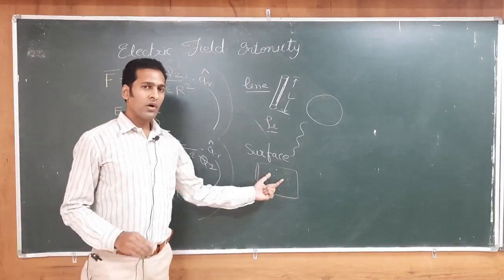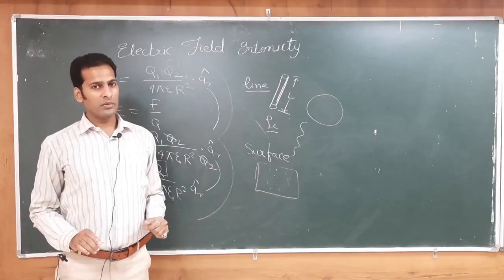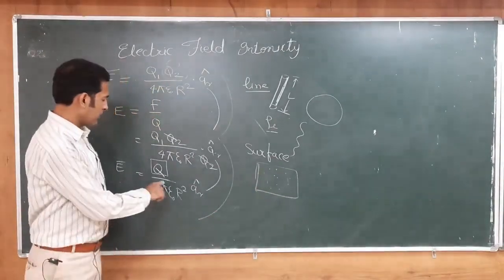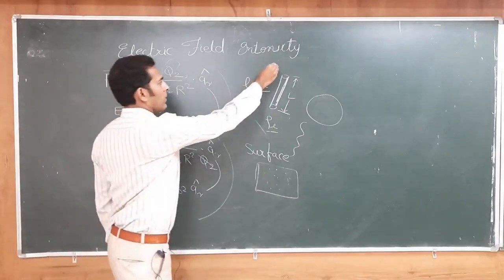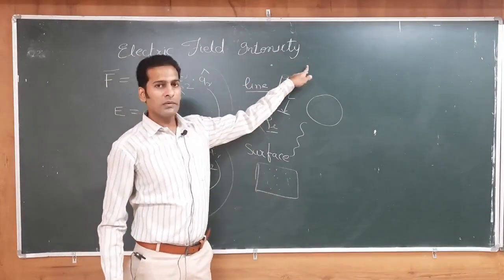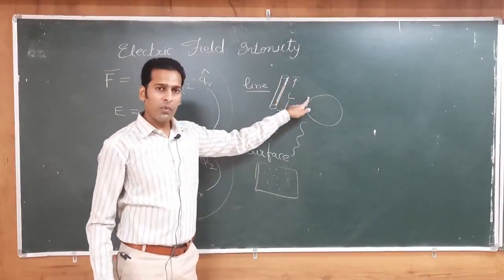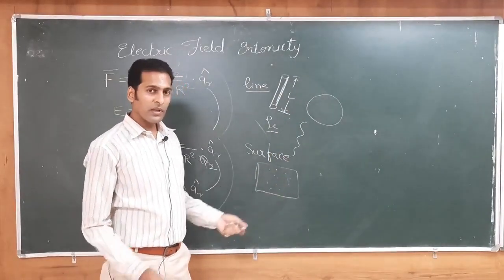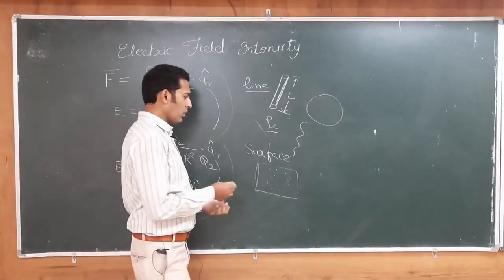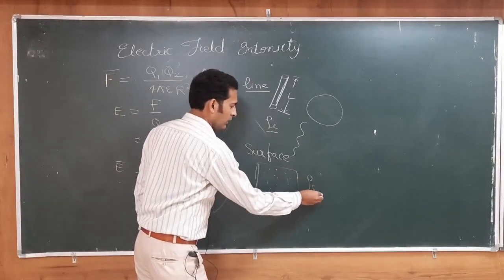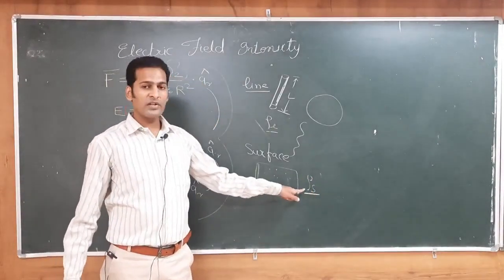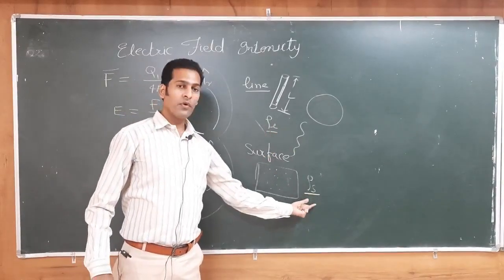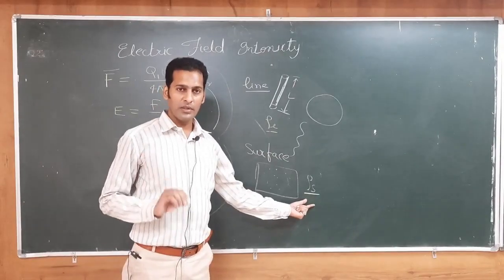That means I have a sheet, on the entire sheet there are charges distributed, and how do we get these shapes? From a single point charge Q. When I connect a number of Q's, I get a line. When I connect a number of lines, I get a surface, and if my charges are present on a surface, I will denote it with rho S. So, it will be termed as surface charge density. One thing is line charge density, the second important thing is surface charge density.